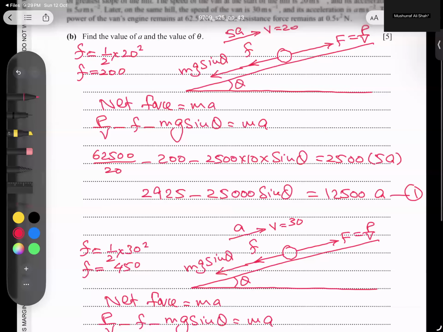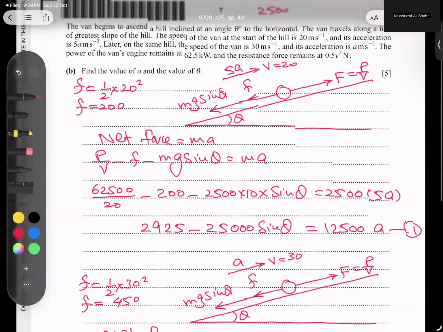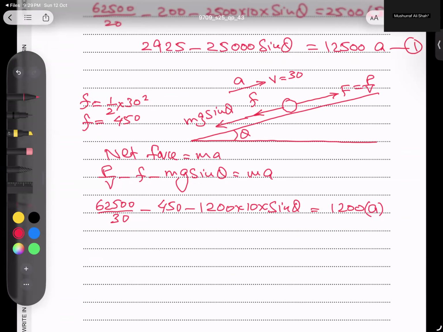Okay, fine. So I'm going to simplify 62500 divided by 30 minus 450, and I get here in fraction form 4900 by 3 minus 25000 sine theta equal to 2500 acceleration.